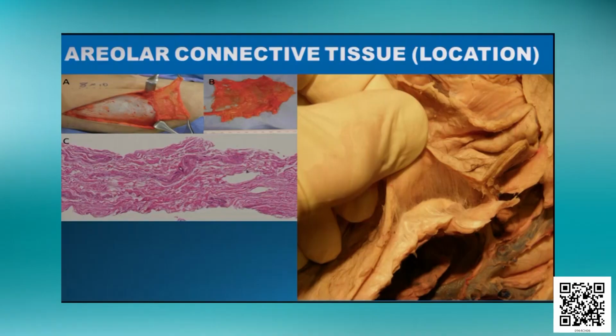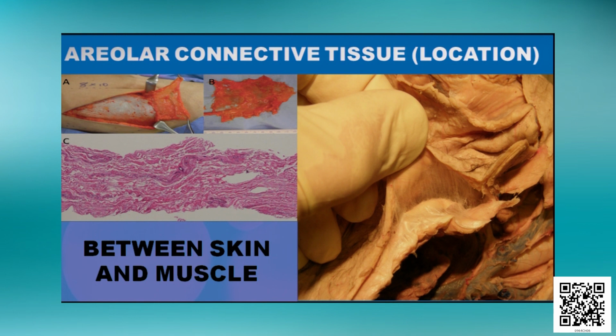So, let us find out areolar connective tissue. Where are they located? You see the picture. You can find out where the areolar connective tissue is located in our body. Yes, so those are located in between the skin and muscle.